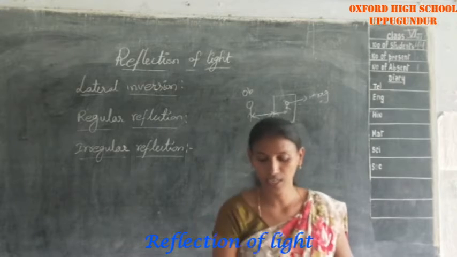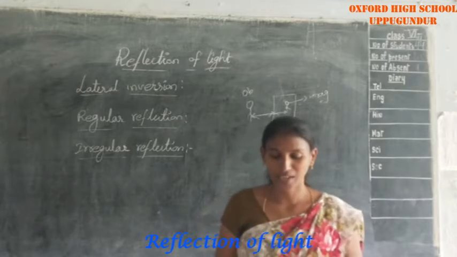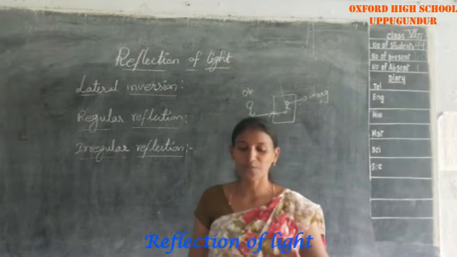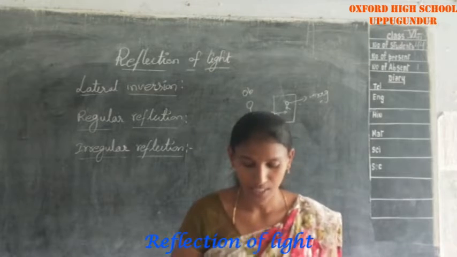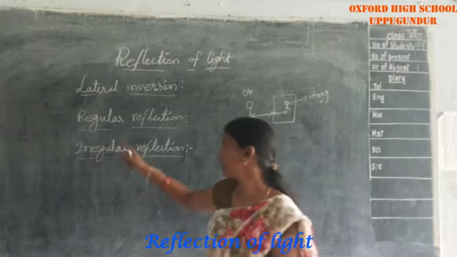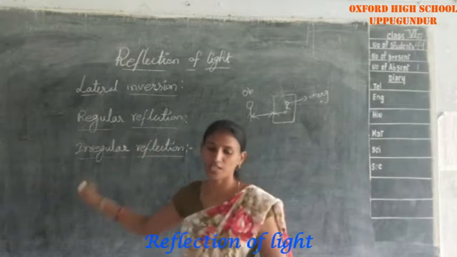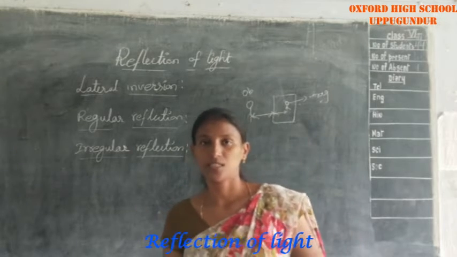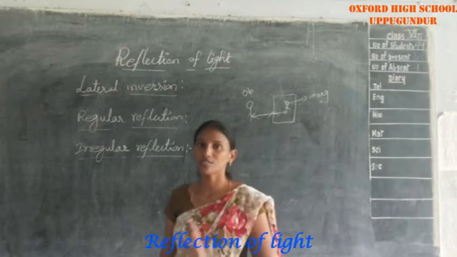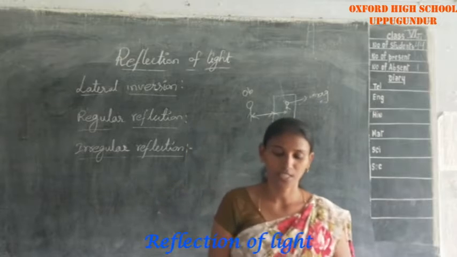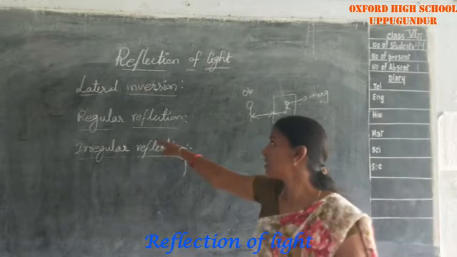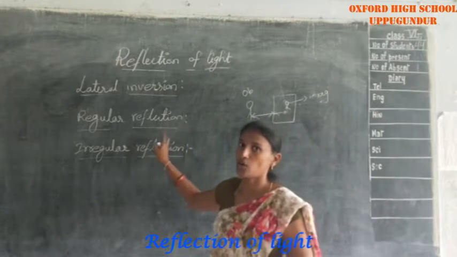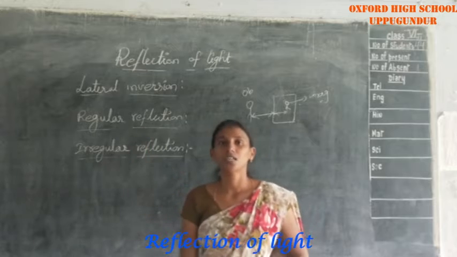You understood? A reflection from a smooth surface, like that of a mirror, is called regular reflection.